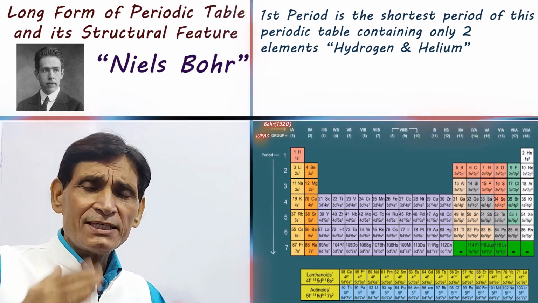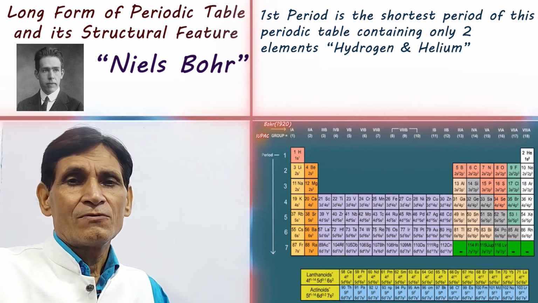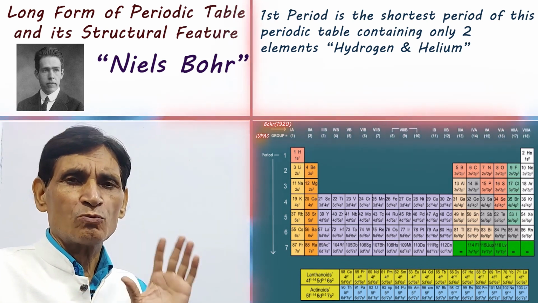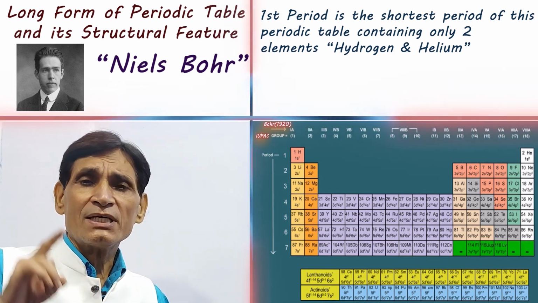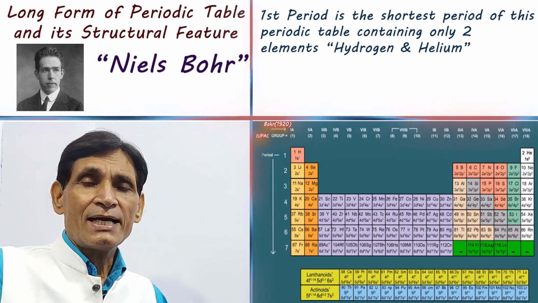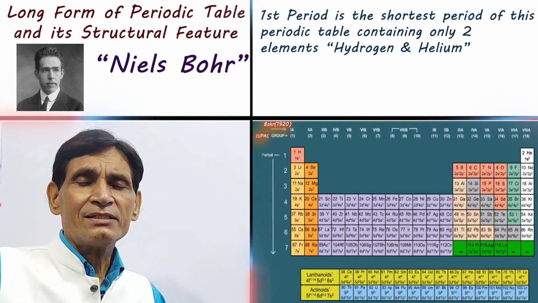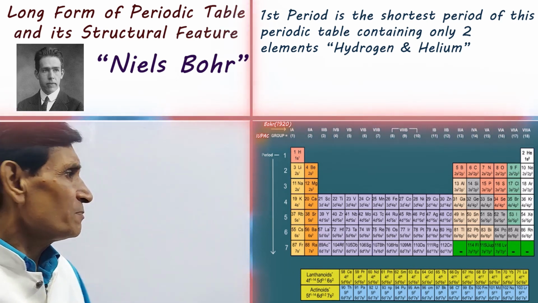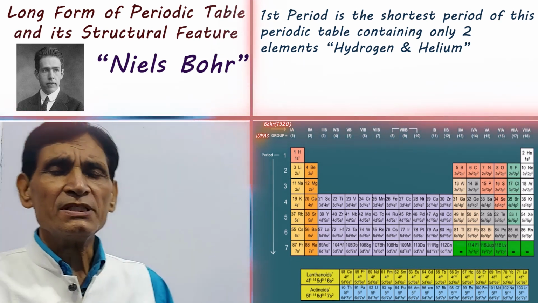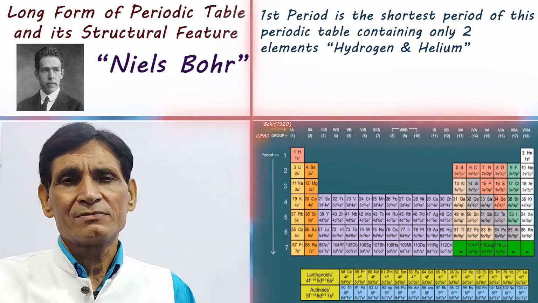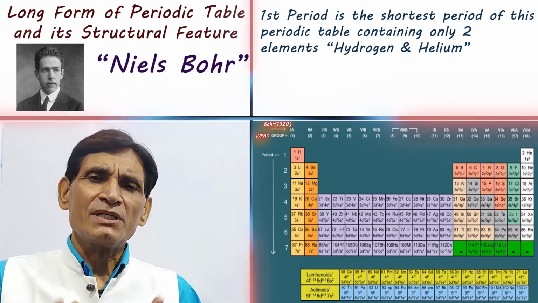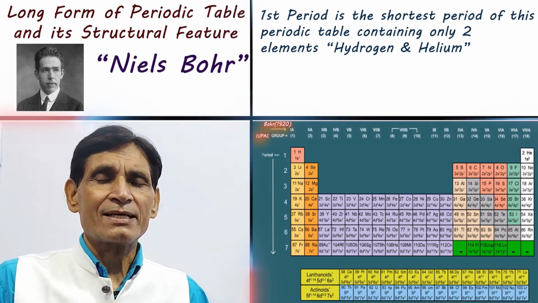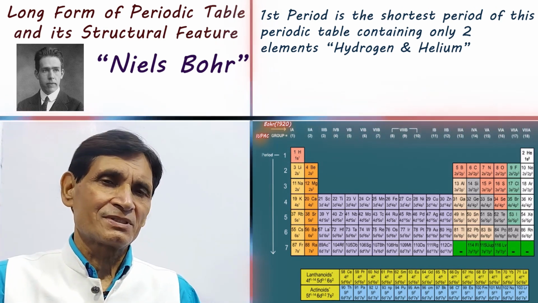Hence, each period begins with an element having 1 electron in the outermost cell and ends with an element having 8 electrons in the outermost cell. Now let us see the third period. It begins with sodium, atomic number 11, and ends with argon, atomic number 18.